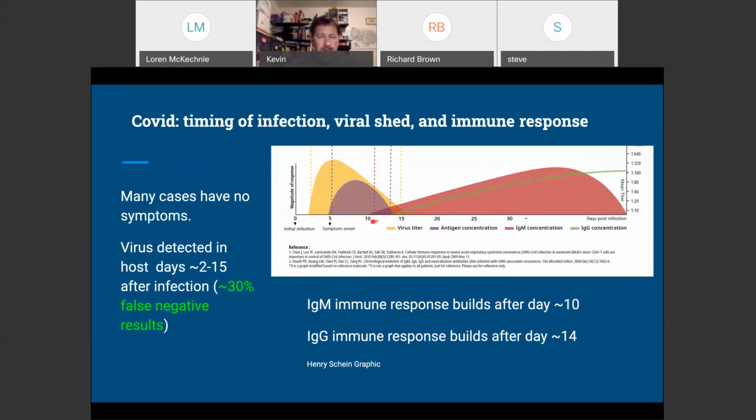At the same time, about day 10, the immune system, your IgM, is turning on, and it's a system that allows you to identify and attack at a molecular level any proteins that are present on the surface of those viruses. Our body is learning what those virus proteins look like.